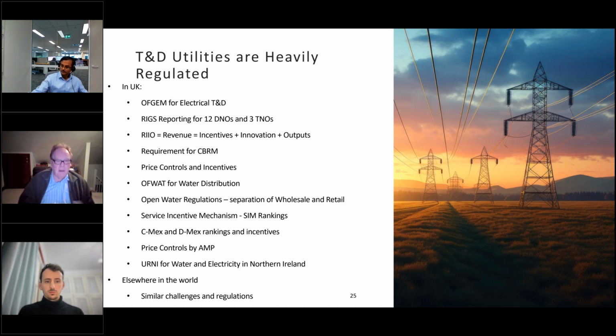Another requirement is CBRM, price controls. For water, there are similar sorts of incentives. This time it is customer service and also service to the operator. Again, in Europe, we found that they're separating wholesale and retail, which is a bit weird. A water company typically supplies all the customers within the region, so they're the wholesaler.